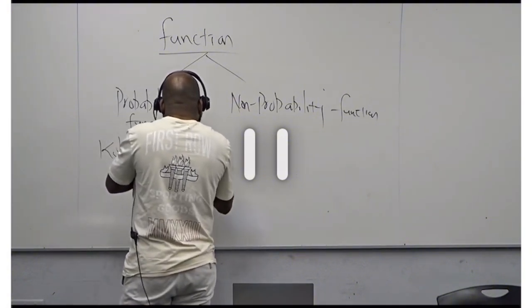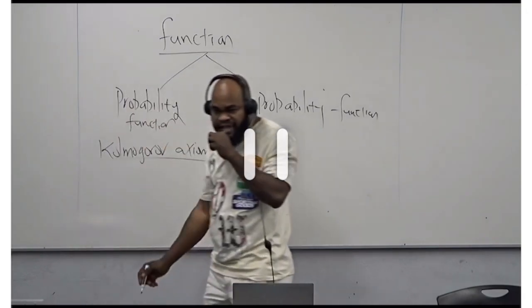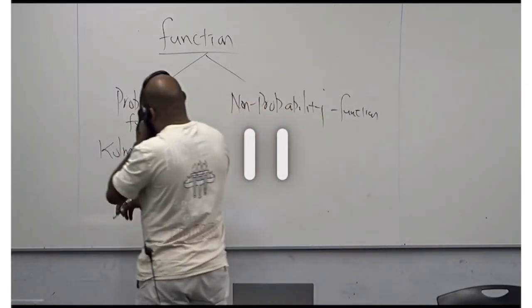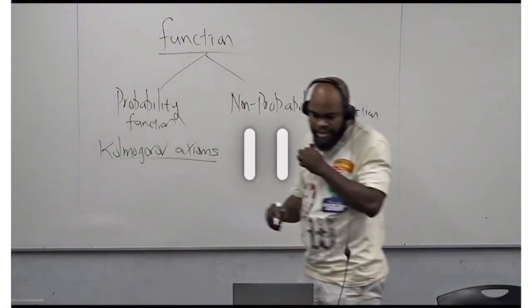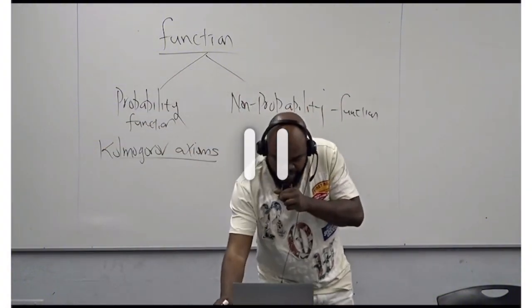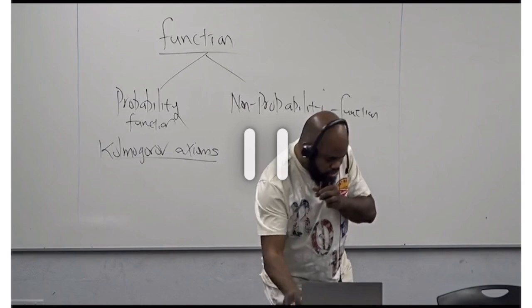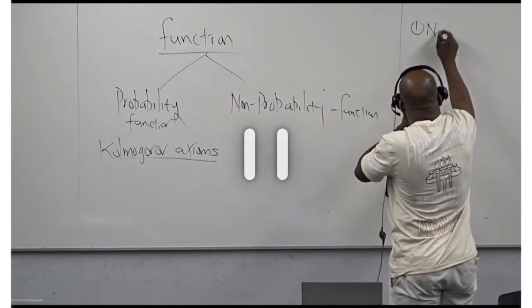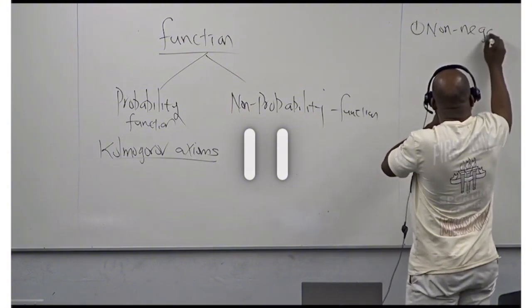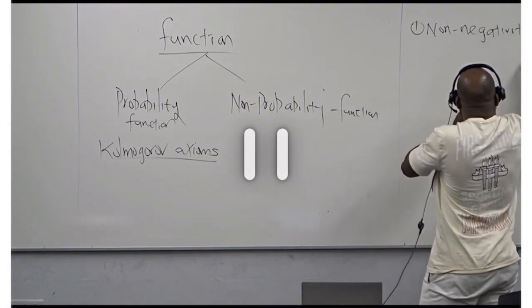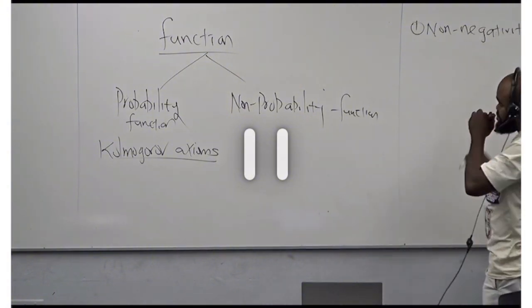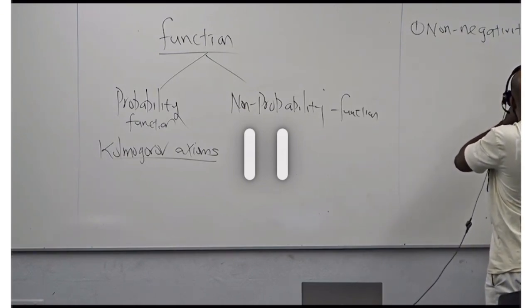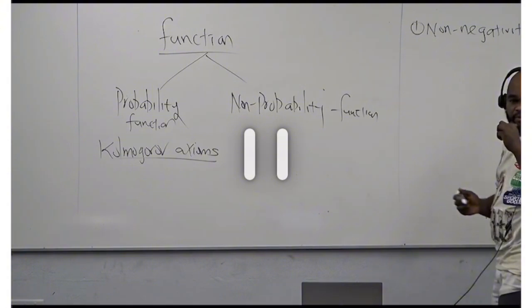Number one is non-negativity. Non-negativity says the probability of an event has to be greater than or equal to 0.